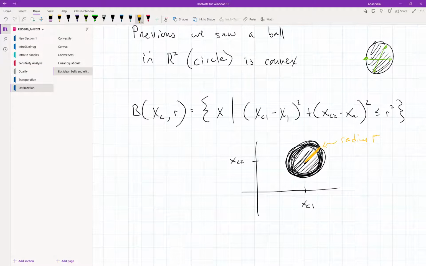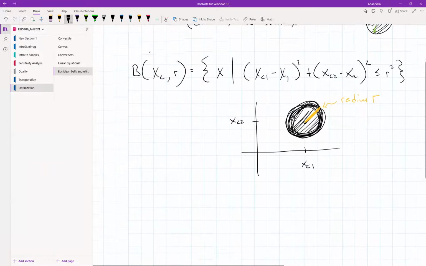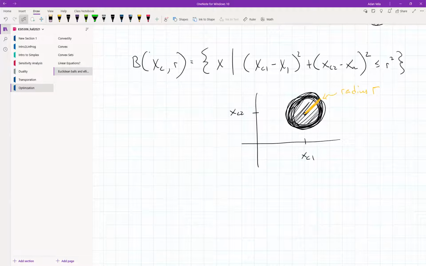Well, that's convex. And I can move that circle around anywhere in this Cartesian plane, or make the circle bigger or smaller. It's still convex.